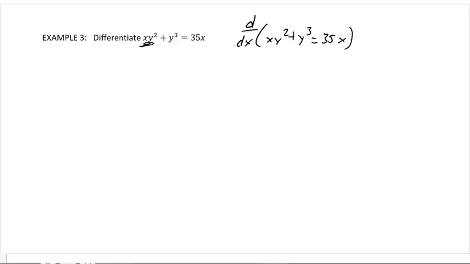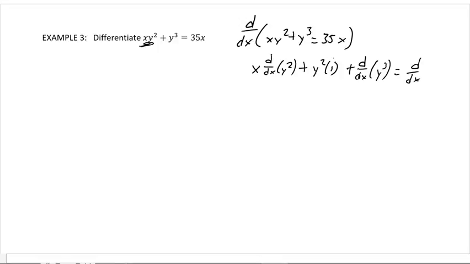Now here it's going to be the first times the derivative of the second plus the second times the derivative of the first, which is just 1. Derivative of x is 1. Plus the derivative of y cubed equals the derivative of 35x.